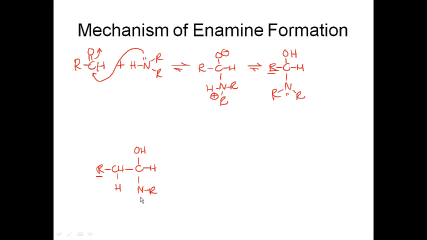But the way it's going to eliminate now is to actually lose a hydrogen from what's called the alpha carbon, because the alpha carbon is the carbon that was next to, and I'm just going to write up here, this is actually the molecule that I'm really kind of starting with. The alpha carbon is the carbon next to the carbonyl. So what will happen is you'll have this pair of electrons go here, and then the OH group leave. So you're going to end up eliminating H2O.